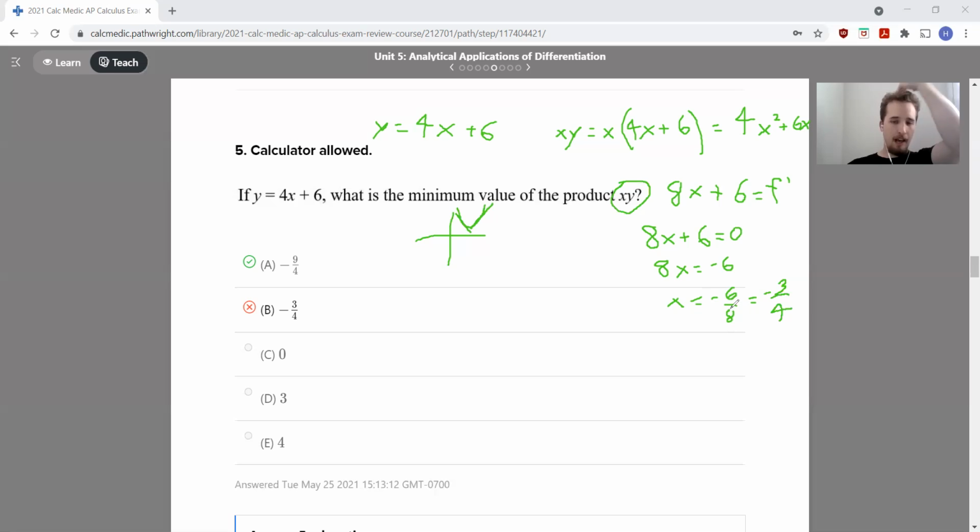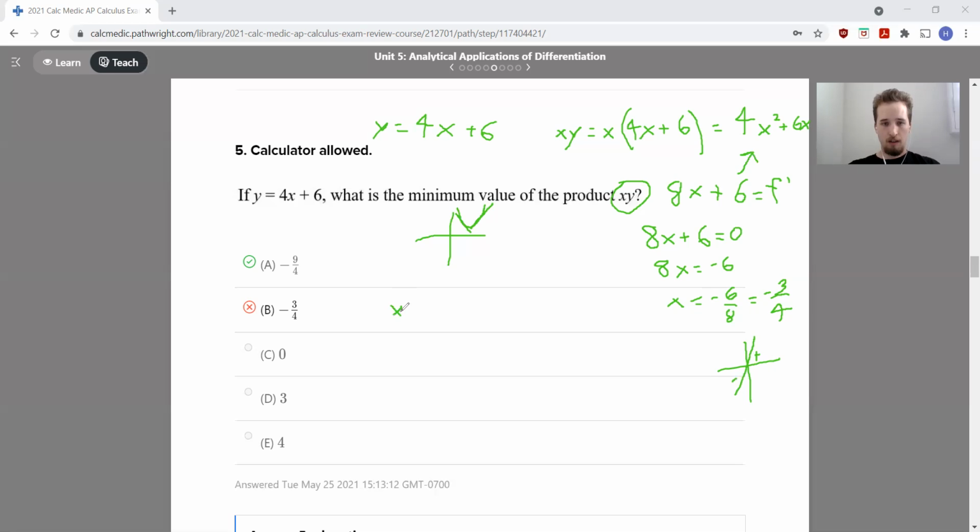And we can see that since it's just a straight line, this is negative and then positive. So we do have a minimum with x equals negative 3/4. But we want the product xy, so we have to plug it back into our xy function, right?